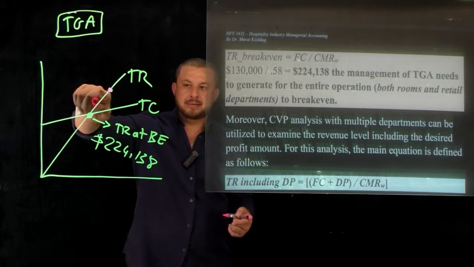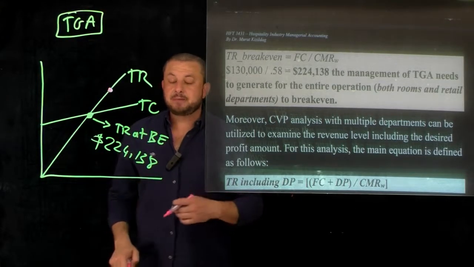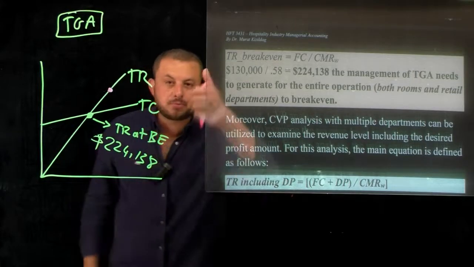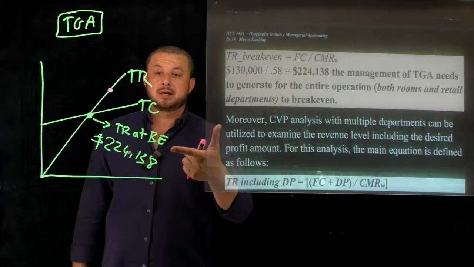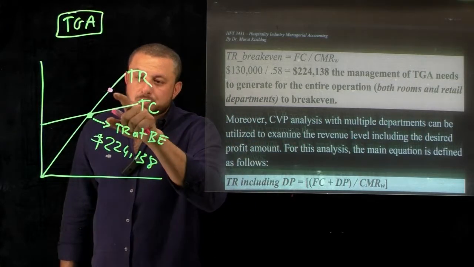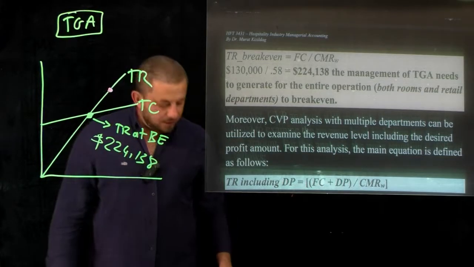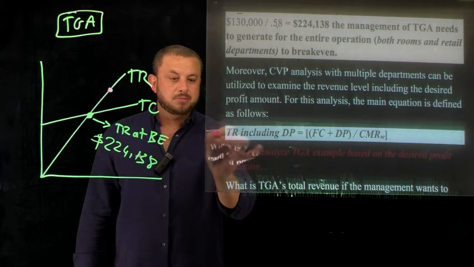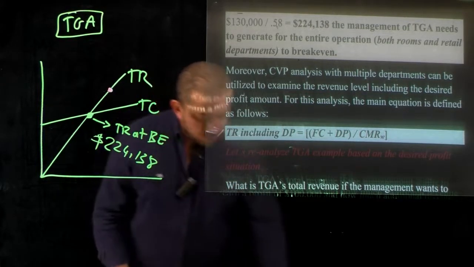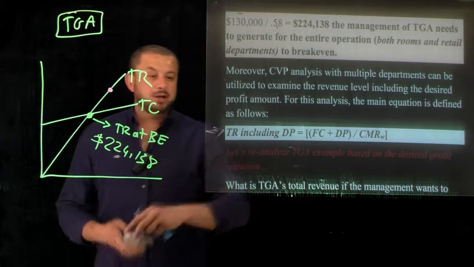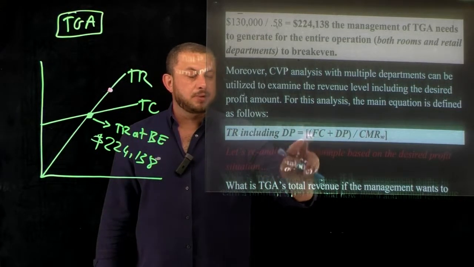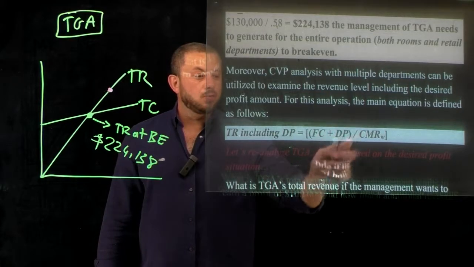Following the same logic, now under CVP we would like to know how much revenue must be generated by rooms and retail departments to generate a specific level of desired profit. This equation becomes very useful: TR including DP is equal to, in parentheses, FC plus DP, over CMRW.